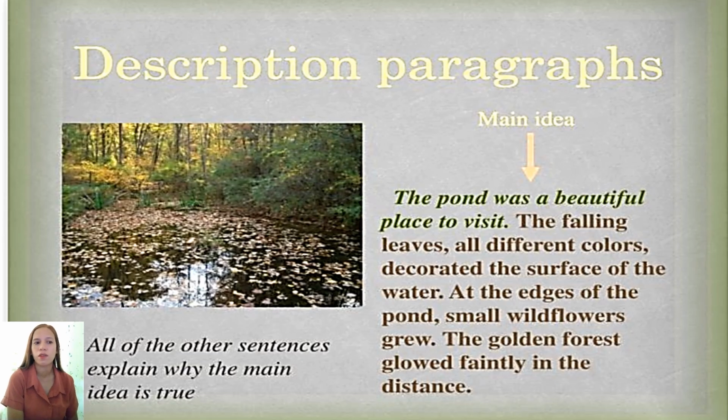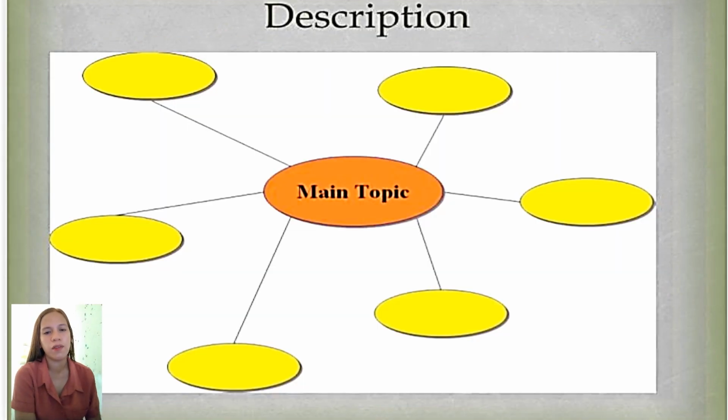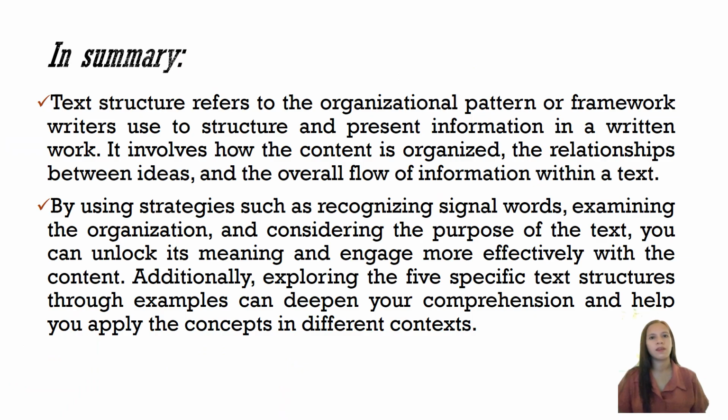The golden forest glowed faintly in the distance. In the given illustration, we can use that in a description paragraph text structure. We have the main topic placed at the center, then at the sides of the main topic we have the different ideas or supporting details that explain our main idea.